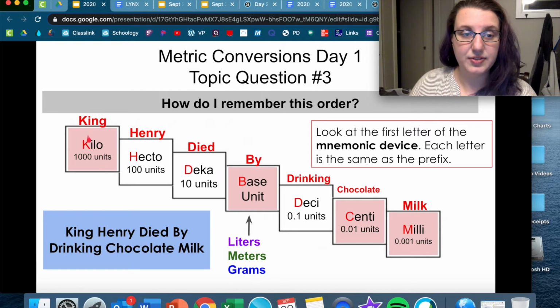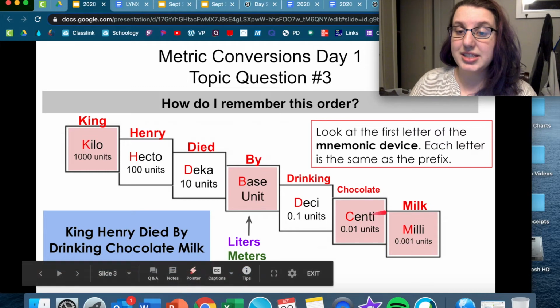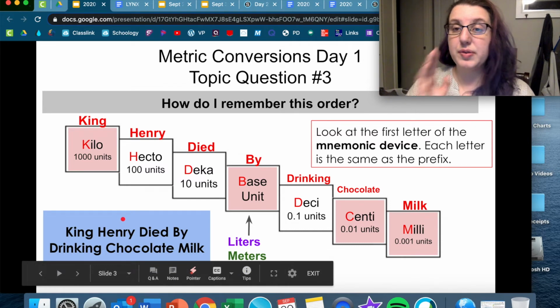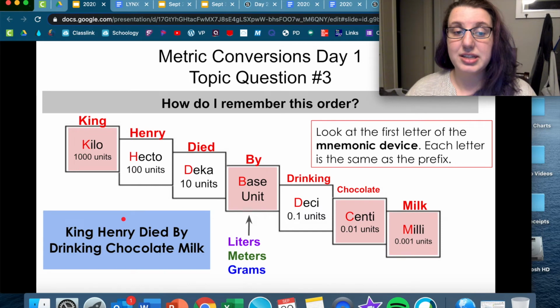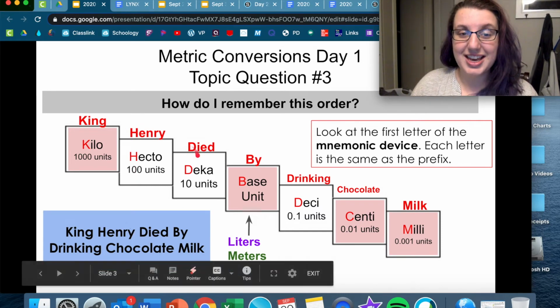King for kilo, Henry for hecto, died for deca, by for base, meaning liters, meters, or grams, drinking for deci, chocolate for centi, and milk for milli. Again, King Henry died by drinking chocolate milk. It helps you remember the order, because it'd be weird if it said King Chocolate Milk died by drinking Henry. So you know the correct order is K, H, D, B, D, C, M.